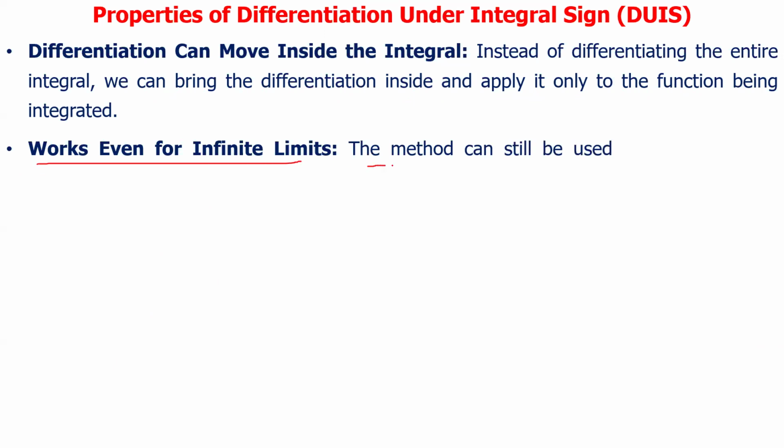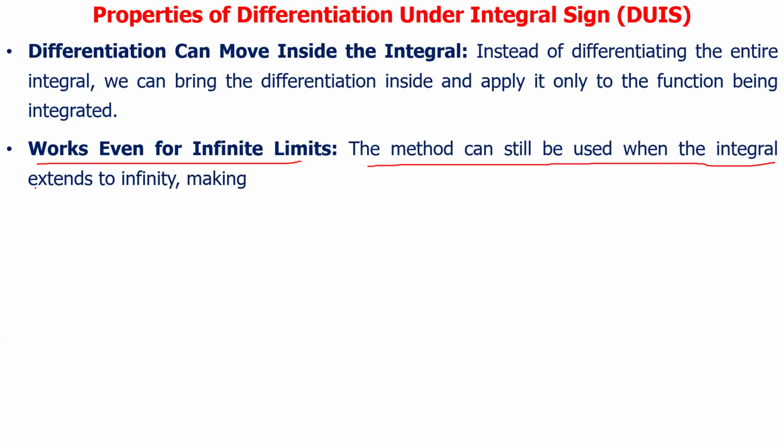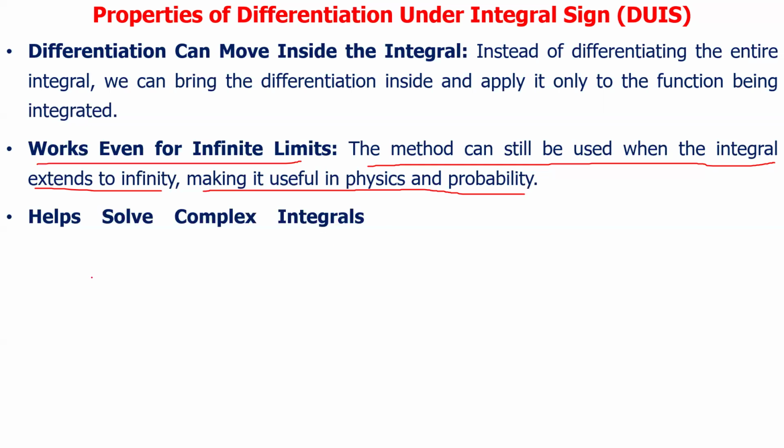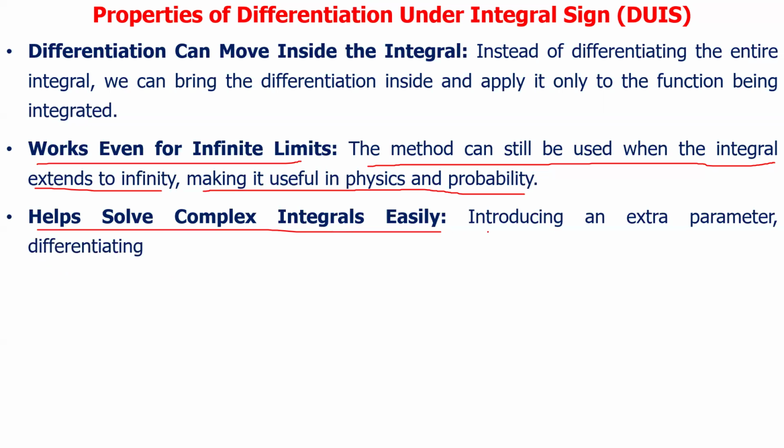The method can still be used when the integral extends to infinity, making it useful in physics and probability. The third property is that it helps solve complex integrals easily. Introducing an extra parameter, differentiating, and then solving often simplifies difficult integrals.